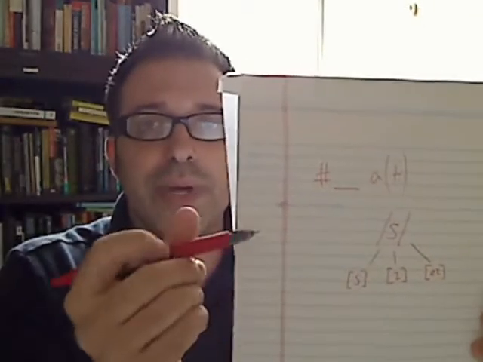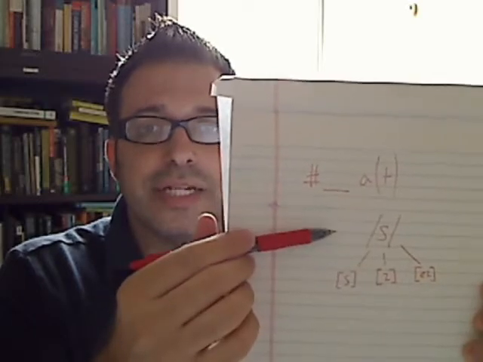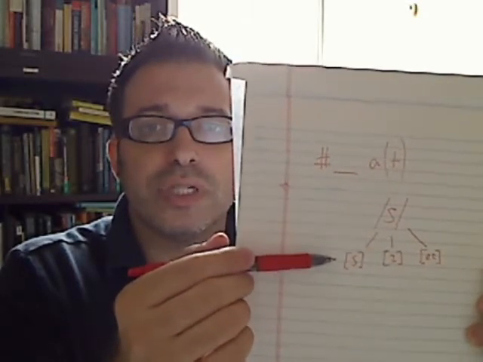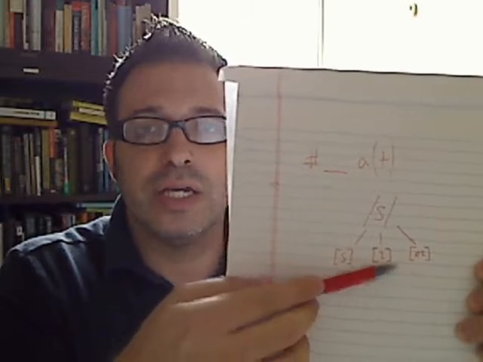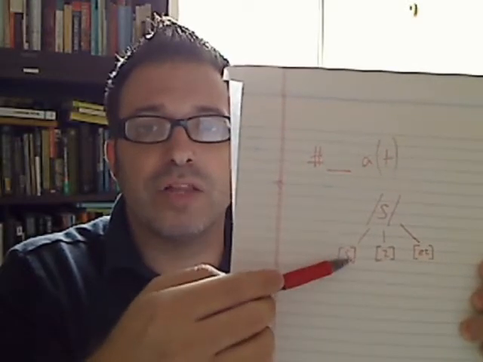And sometimes it's an EZ sound, as in churches or bridges. You notice that final sound? And so we say that phoneme S has the allophones S, Z, and EZ. So phoneme and allophones.